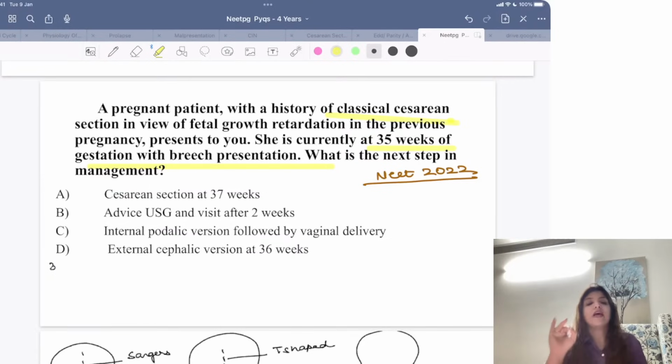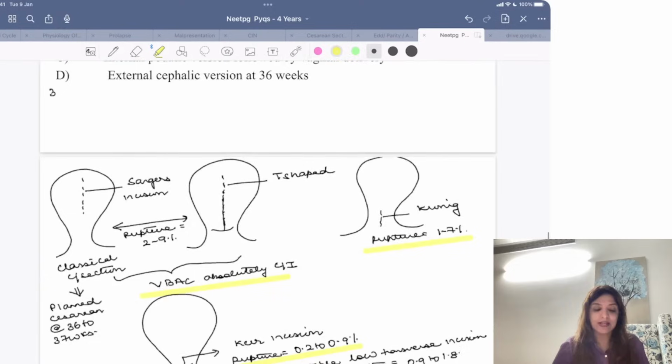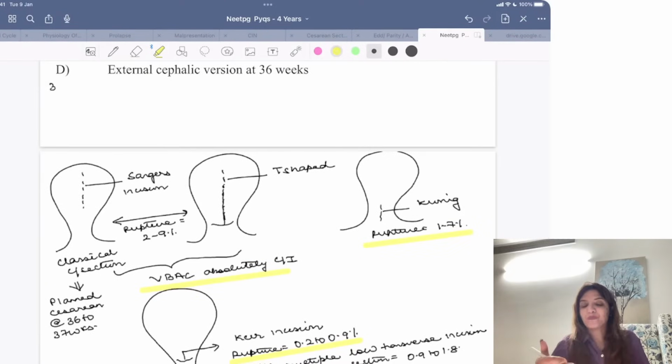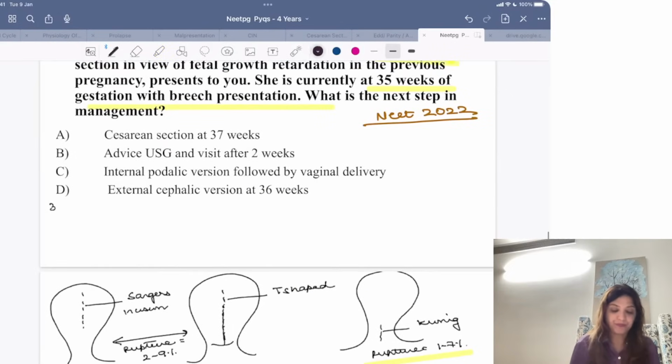Please understand, if your patient has undergone classical cesarean section, as I told you, it is a cesarean section which is done in the upper uterine segment. So if it is a case of classical cesarean section, you are not going to do any version. No versions are you going to do.